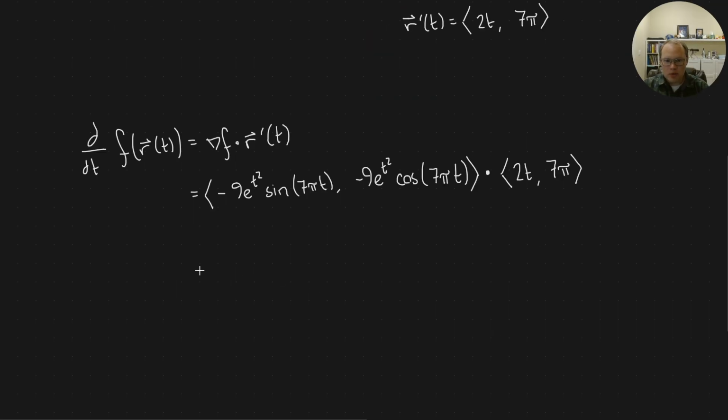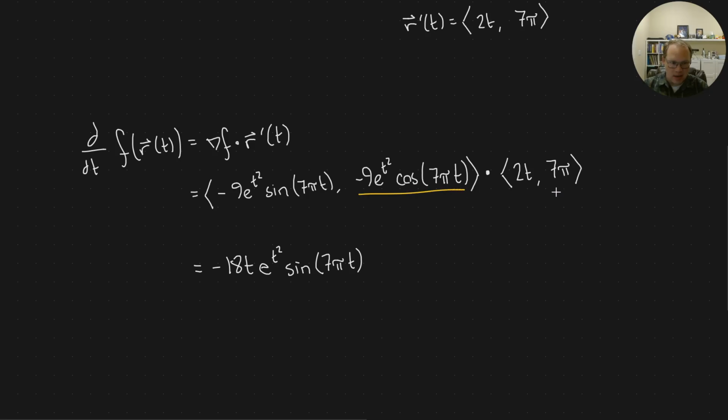So I'm going to multiply first component with first component. I'm going to simplify as I go. If I multiply the 2t by this, the negative 9 times the 2 is negative 18. I'm going to put the t right here, and then all of this right here. E to the t squared sine 7 pi t. So that's my first component with first component multiplied together.